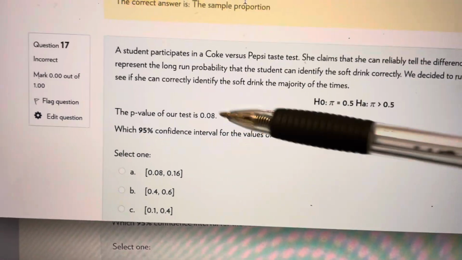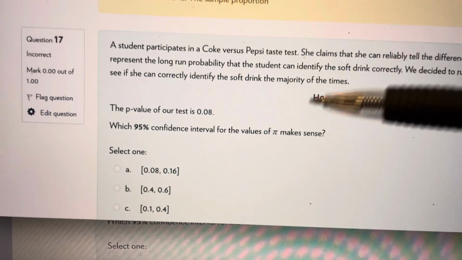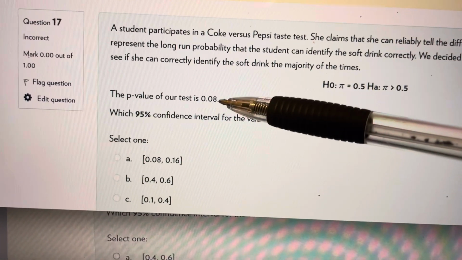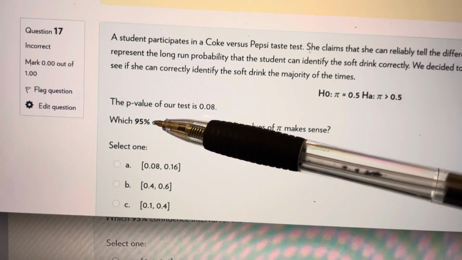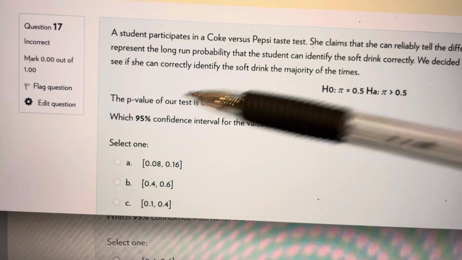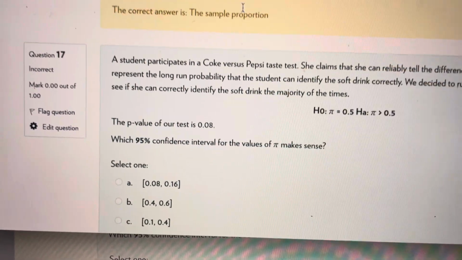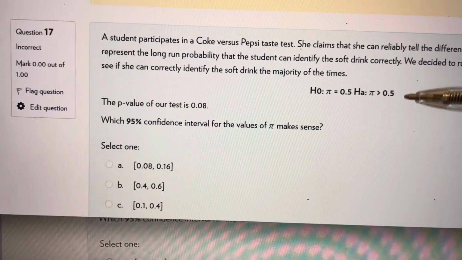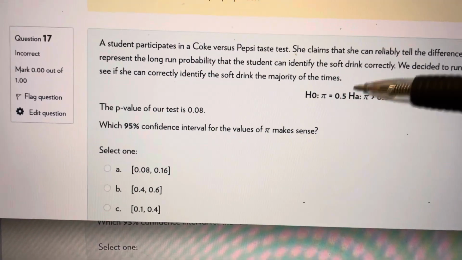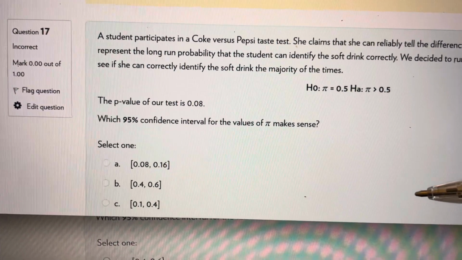Now, if this was the 90% confidence interval and our p-value was 0.08, well, the 90% confidence interval threshold is 0.10. So this is smaller than 0.10. So you would be rejecting the null and you would be operating as if the alternative was correct.